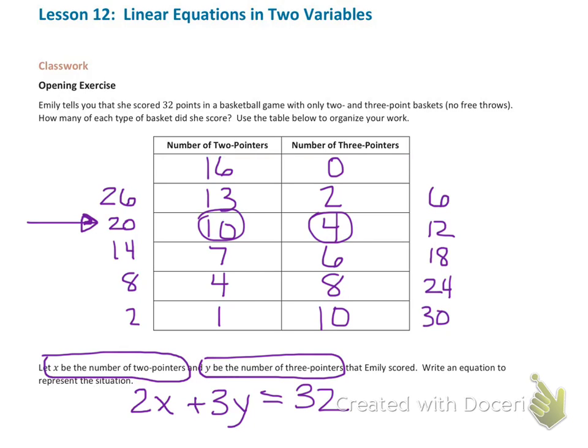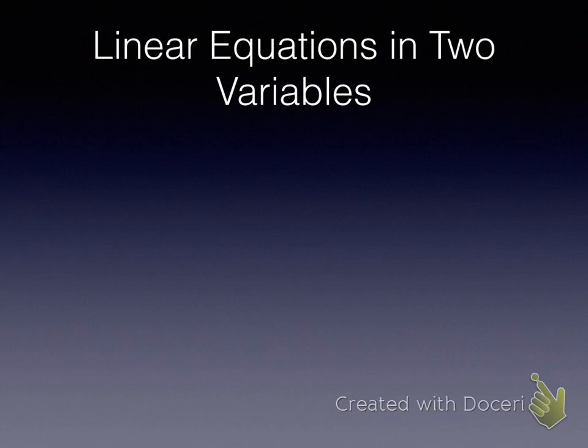And we're going to be working with this form today. It even has a special name, so let's talk about that for a minute. We're going to say that when an equation is of the form some number a times the variable x plus some number b times the variable y is equal to c, that is a special type of form called standard form.